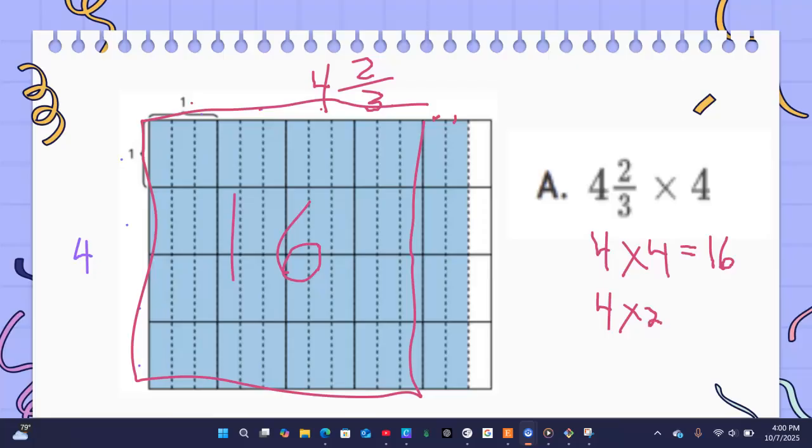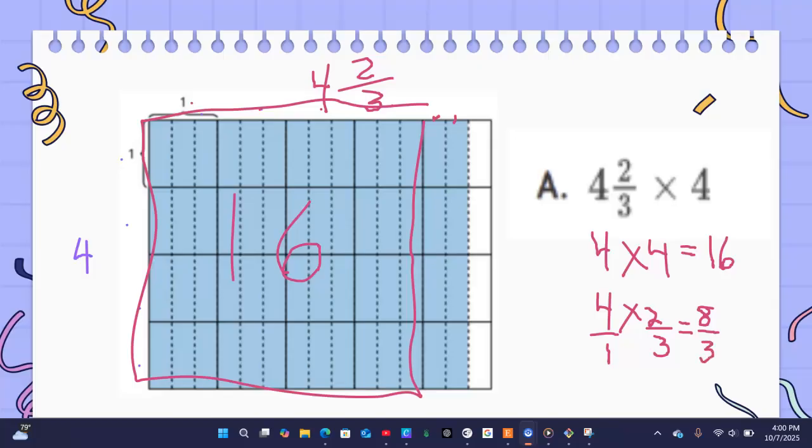And we learned in our previous lessons that in order to find the area of that portion, we multiply straight across. So in order to make a whole number a fraction, we put a 1 underneath. We'll just go ahead and multiply straight across. 4 times 2 equals 8, and 1 times 3 equals 3.